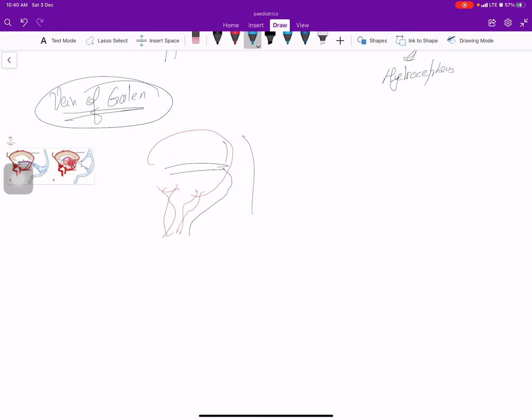When there's an abnormal connection between these two, things are going to happen. This is the median prosencephalic vein or vein of Galen. So what is obviously going to happen? Arterial blood is going to flow into the durovenous sinuses, correct?